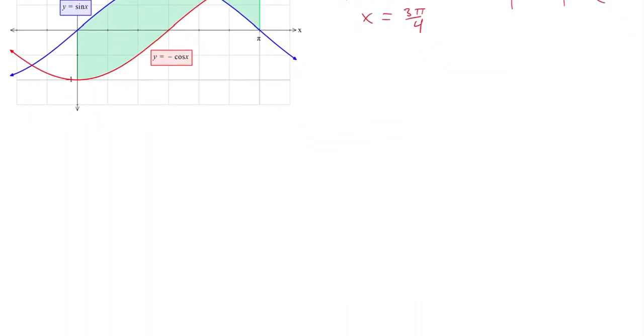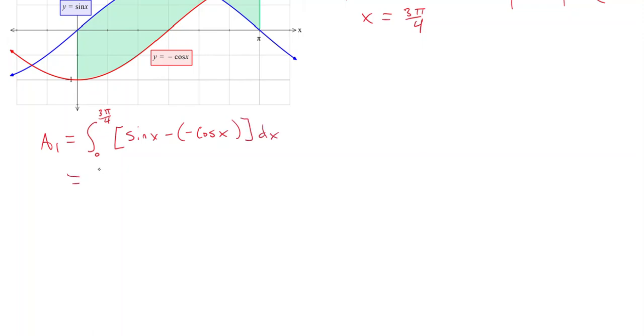So let's take the integral. I'm going to say area 1, which will be just this area, and it is going to be equal to the integral from 0 to 3 pi over 4 of, and we just have to make sure we get this right, the top function, which in this case is sin x, minus the bottom function, which is negative cos x, dx.